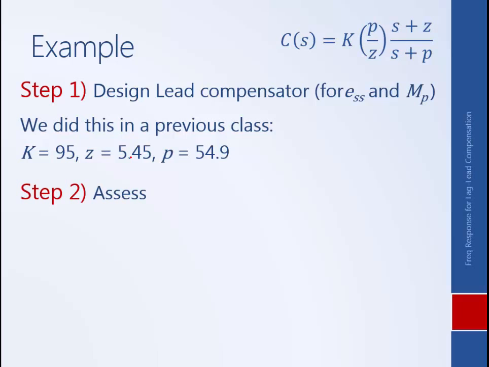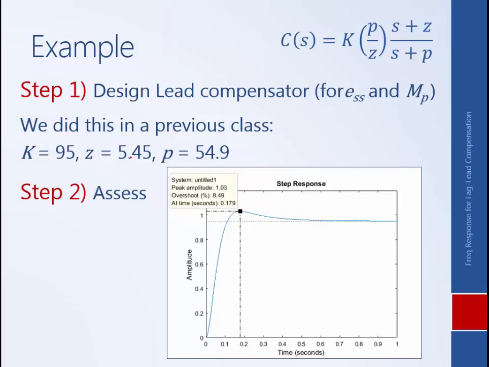Based on this lead compensator, we then go ahead and look at the time response and see how it fares. And so if we look at this, the steady state error is exactly 0.05, which we designed for.